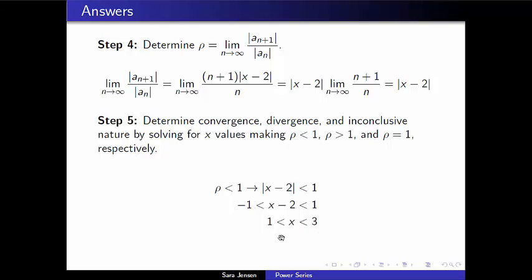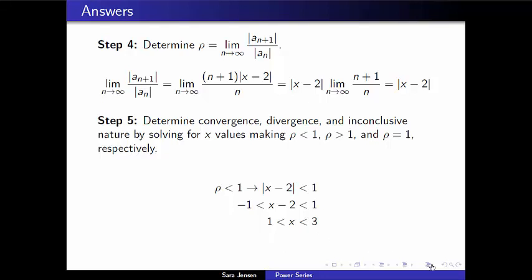So we know that this series converges on this interval, diverges if the x values are strictly larger than 3 or less than 1, and we still don't quite know the behavior of this series when x is equal to 1 and when x is equal to 3.